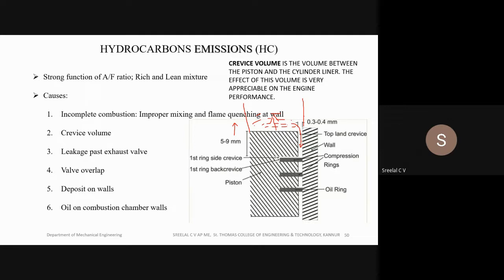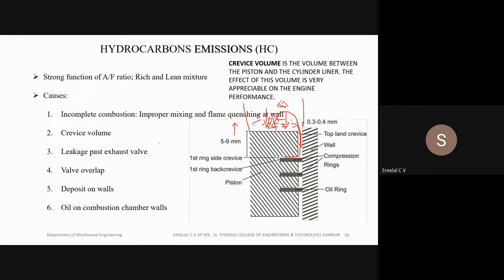Then after the combustion, the piston will be moving down, and at that time the charge which is trapped here will be again introduced into the combustion chamber. The fuel will be burning, a few of them will be burning and a few of them will be kept unburned.